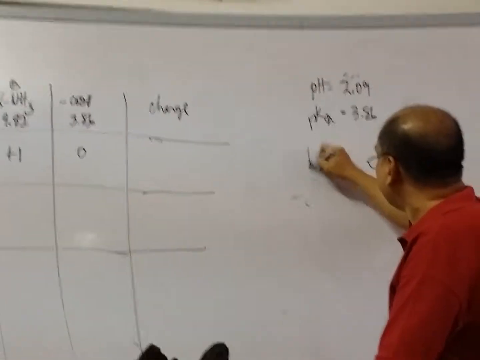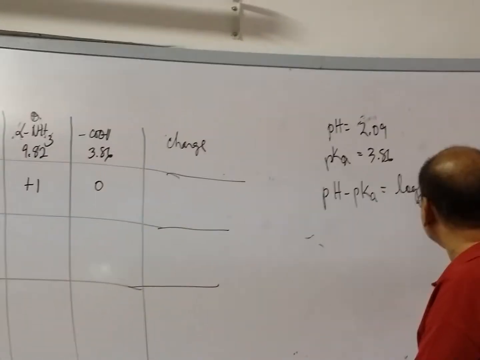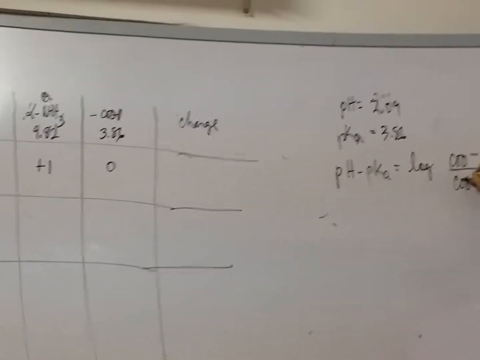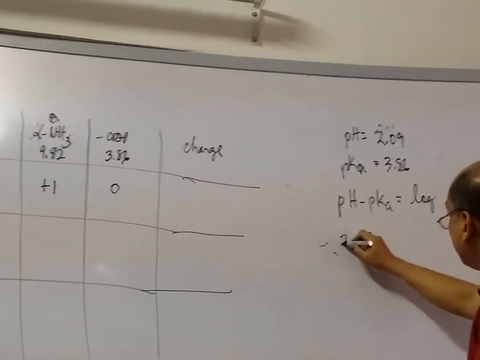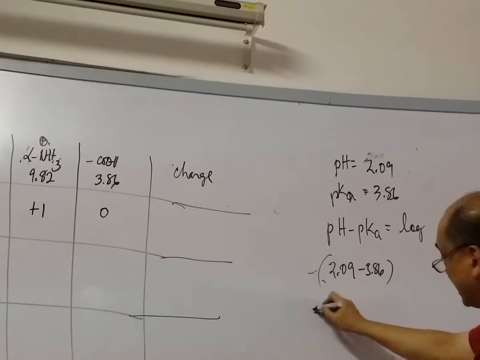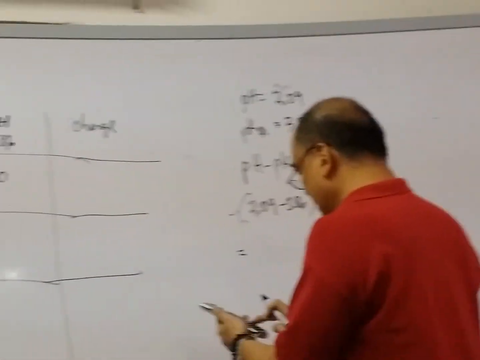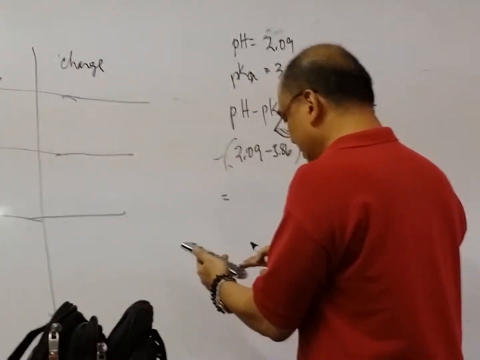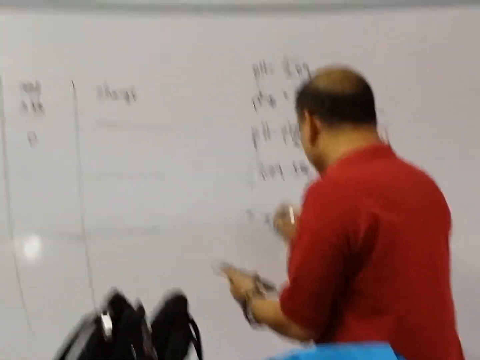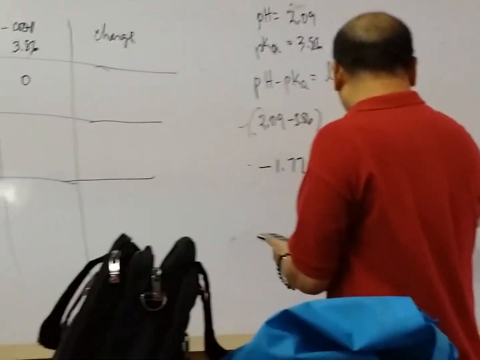So let's see. pH minus pKa equals the logarithm of COO minus over COOH. If the pH is 2.09, pKa is 3.86, 2.09 minus 3.86 is about minus 1.77 equals the logarithm of COO minus over COOH.